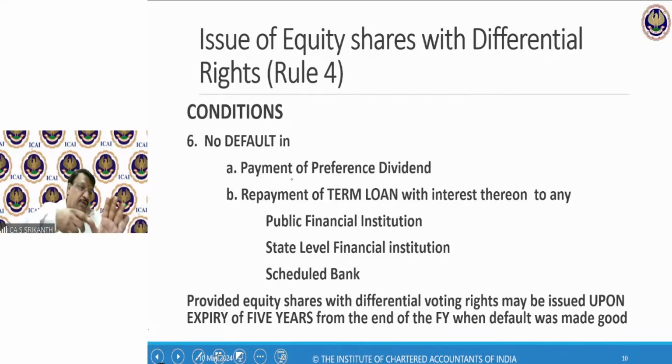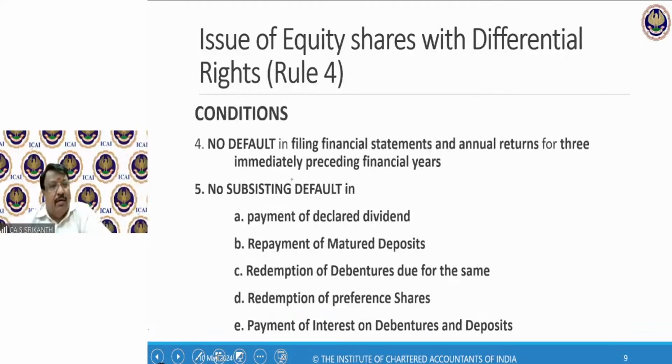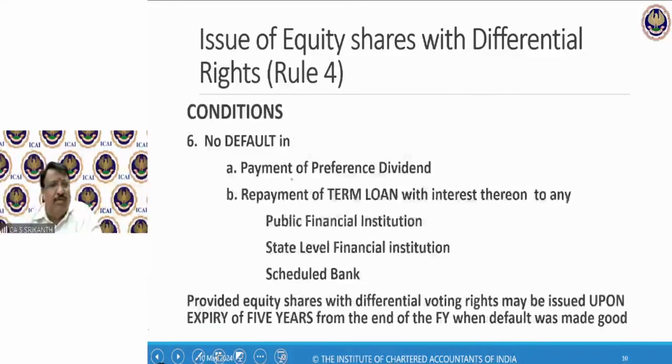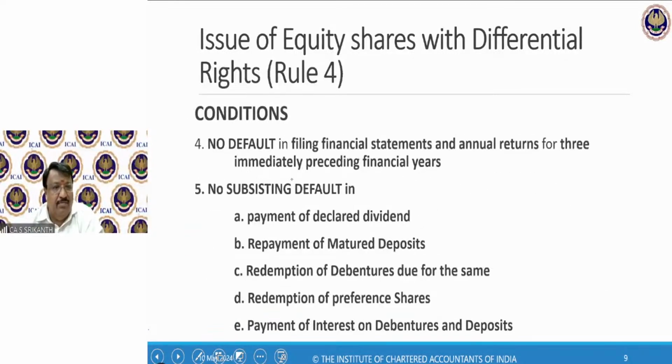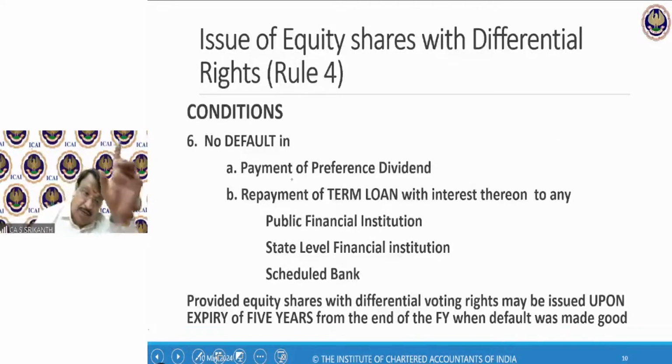So only on 31/3/30 will the 5 years expire. After that only, for these two defaults. Whereas here, the minute you paid and the default is not subsisting, immediately you can go for DVR. Remember the distinction between 6 and 5. No subsisting default here; there, no default and expiry of 5 years.